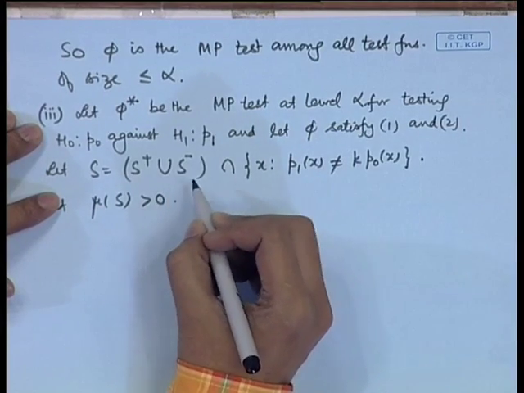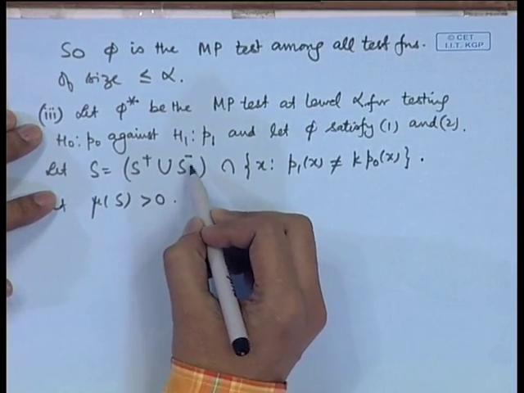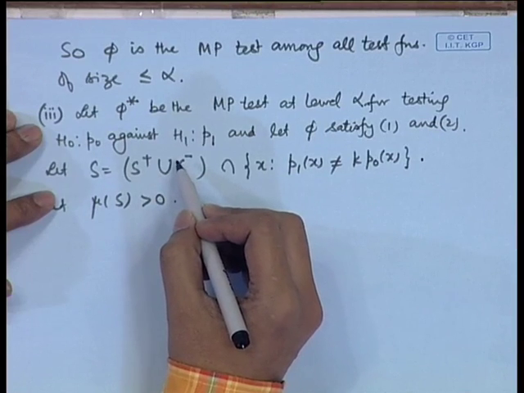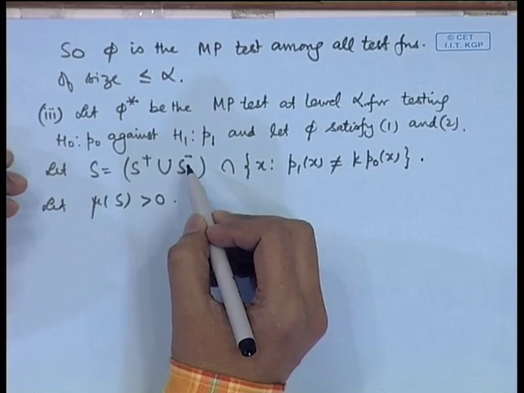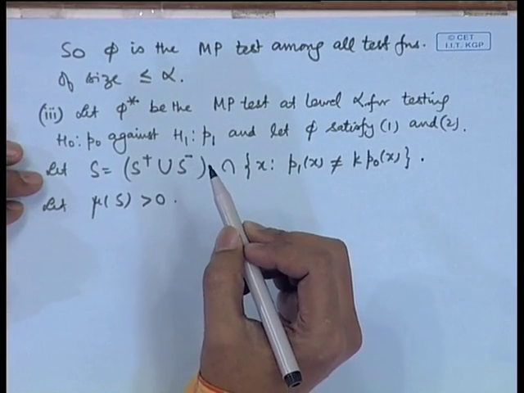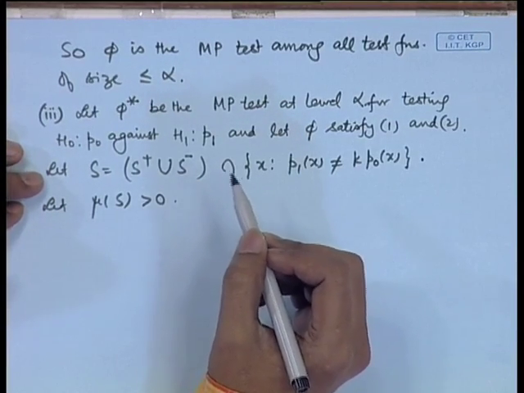Now, we have already seen that on S plus and S minus, the quantity phi minus phi star and P 1 minus K P naught will be greater than 0.